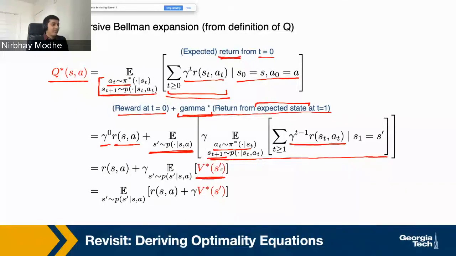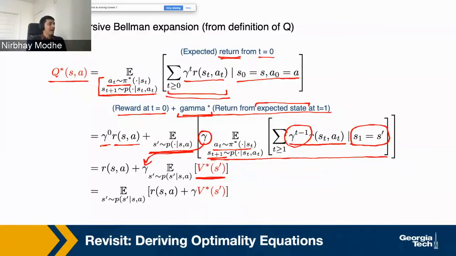Recall the definition of V star of S prime: it is asking what is the value of starting from state S prime, or in other words, what is the discounted reward I will get starting from state S prime. So S_1 equal to S prime is asking, when I start from state S prime as my first state, what is the discounted reward I'm going to get? And in order to get the same gamma factor, I had to take one gamma outside over here, which you see appears here. I'm going to now drag it outside of this expectation.